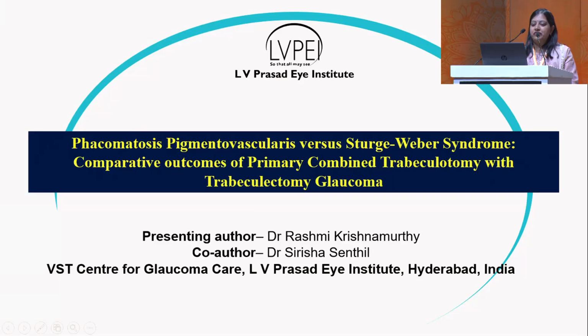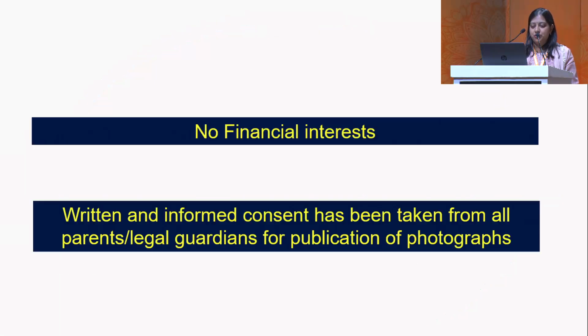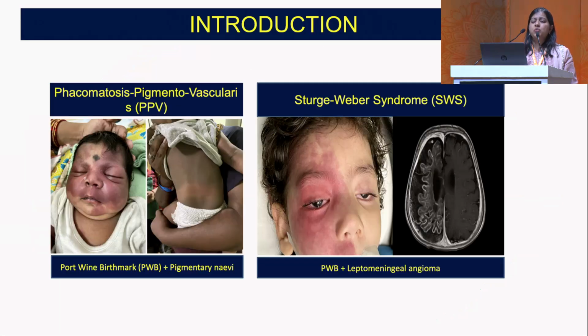Good afternoon, everyone. So my study is titled Comparative Outcomes of Primary Combined Trabeculotomy with Trabeculectomy in phacomatosis pigmentovascularis versus Sturge-Weber syndrome. So what is phacomatosis pigmentovascularis or PPV? It's associated with port-wine stain and pigmentary nevi, whereas Sturge-Weber syndrome is associated with port-wine stain and leptomeningeal angioma.